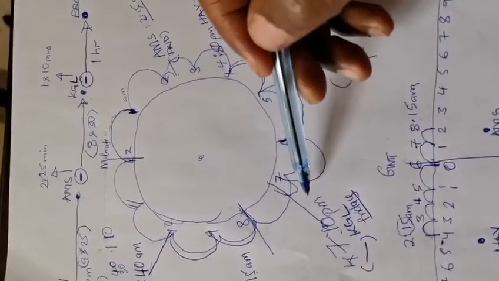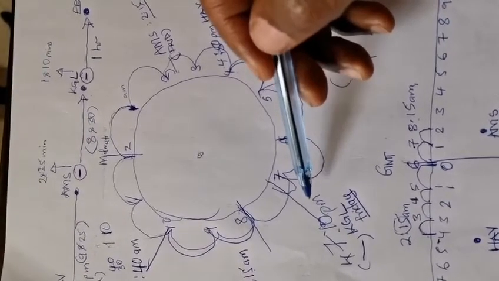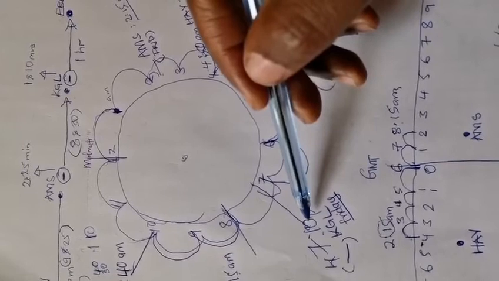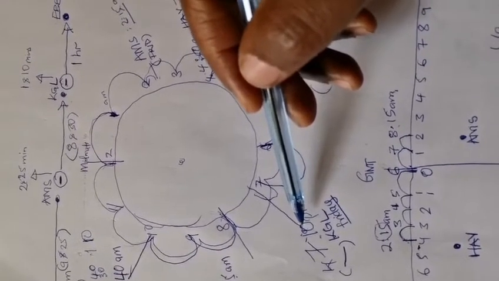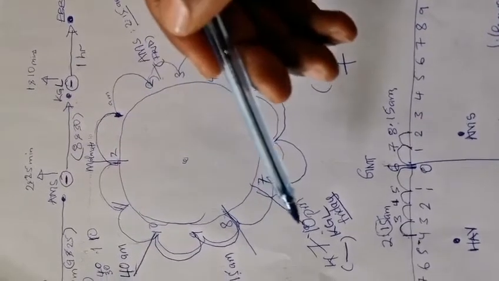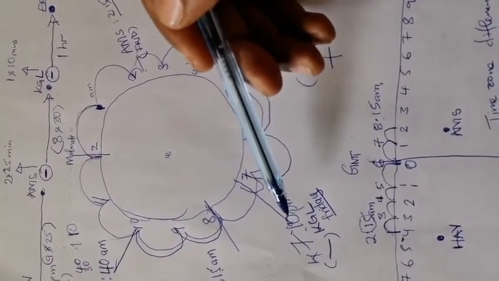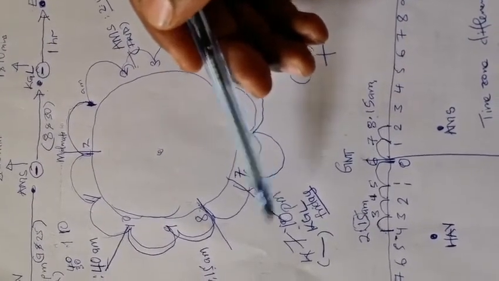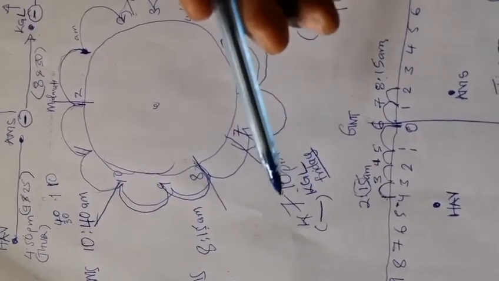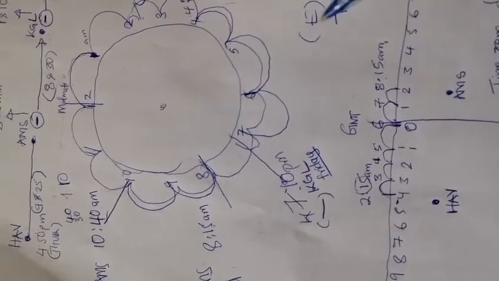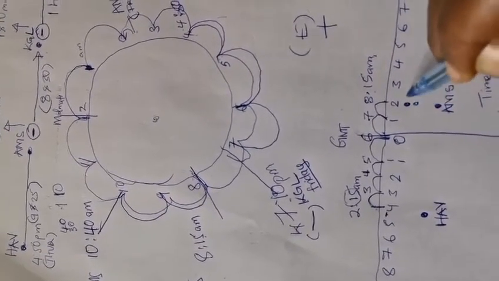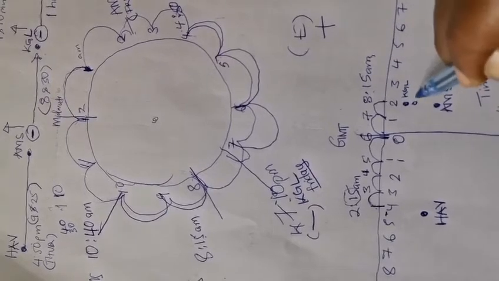So after reaching KGL, we have to see, are we in KGL time? Do we need to convert from Amsterdam time? Because that's where we are coming from. And we've arrived at KGL. So do we need to convert from Amsterdam time to KGL time? No. Why? Because KGL is at +2 and also Amsterdam is at +2.